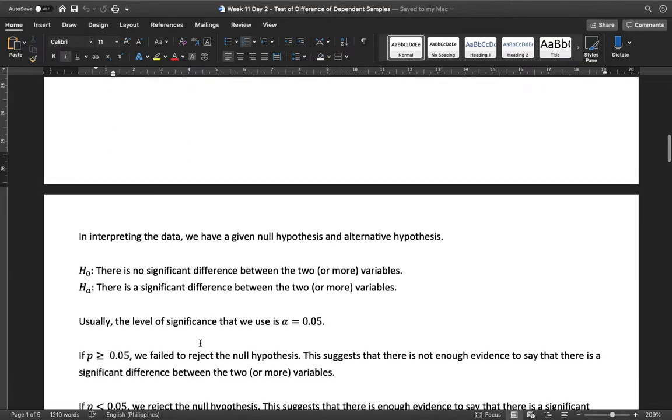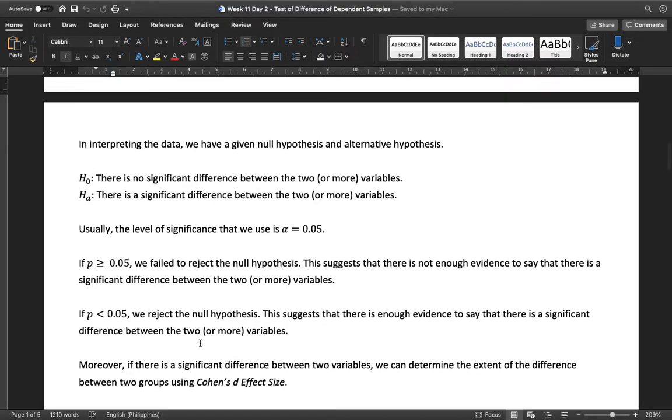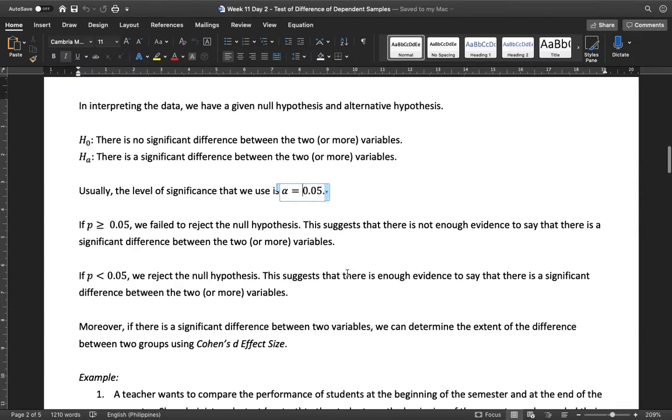Mainam na. Now, in interpreting the data, we have a given null hypothesis and alternative hypothesis. For the null hypothesis, there's no significant difference between the two or more variables. Kapag alternative, there is a significant difference between the two or more variables. Level of significance, gamitin natin ay alpha equals 0.05. And ganun pa rin ang pag-interpret natin ng p-value.